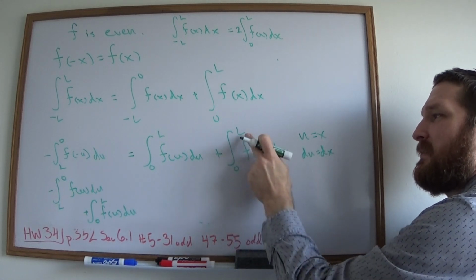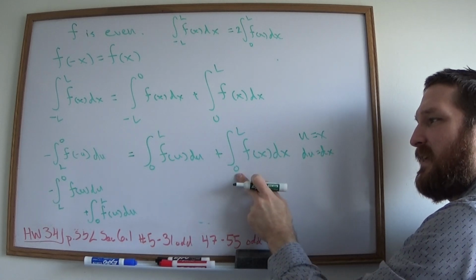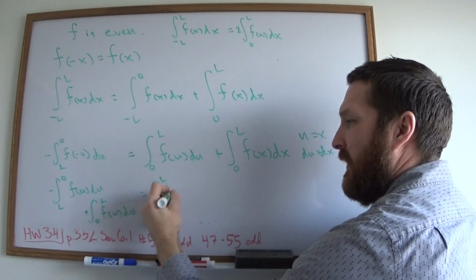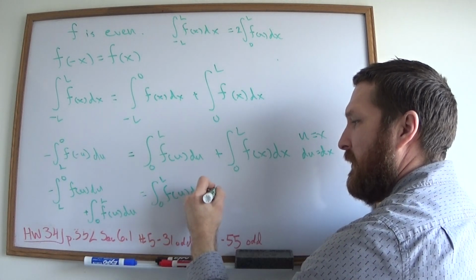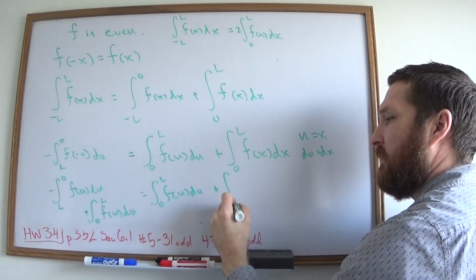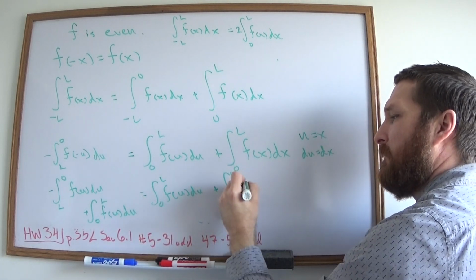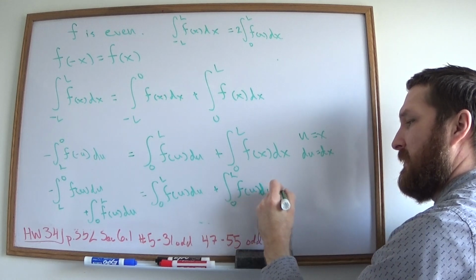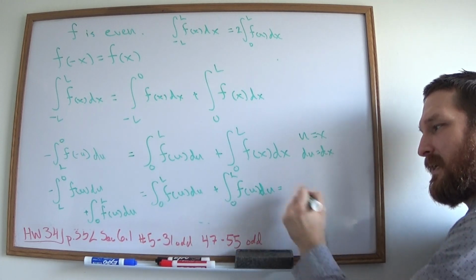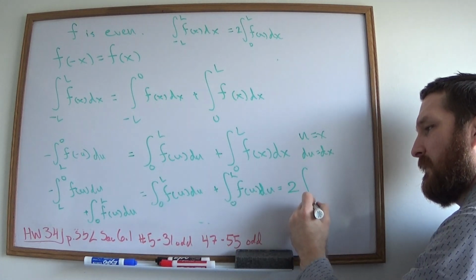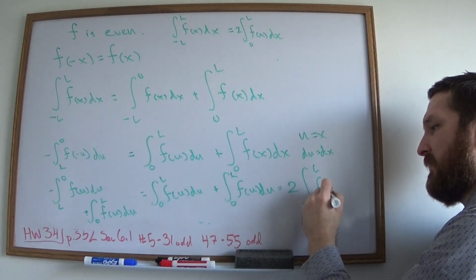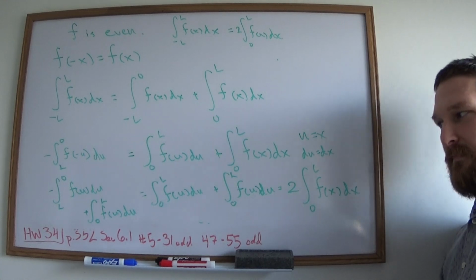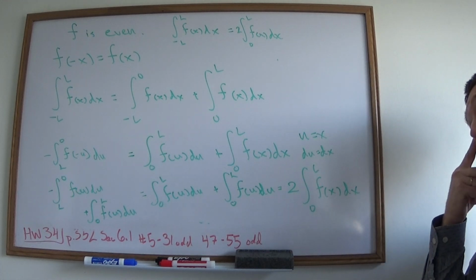And if u is equal to x, then L stays L, and 0 stays 0. So this is the same thing as 0 up to L f of u du. This is 2 times the same thing, from 0 up to L of f of x dx, because I don't care what that is. That's a dummy variable. I could have put a smiley face, it's the same thing.